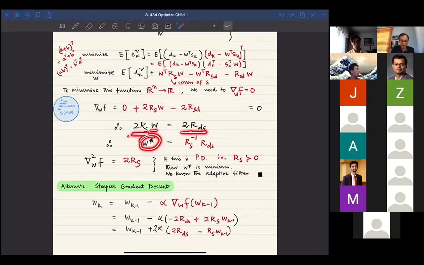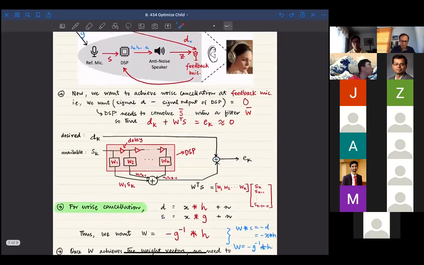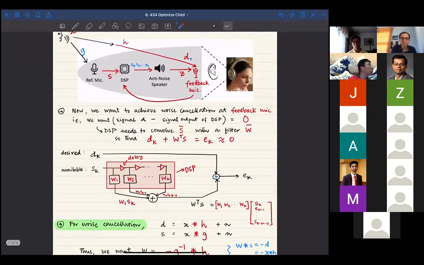So W star is RS inverse RDS, which means the inverse of the source's covariance matrix times the source and D covariance matrix. Source meaning the DSP's source, right? This S and this D, how do they vary? If you look at them jointly, how do they vary together? Do they go up and down together, or do they go in opposite directions?